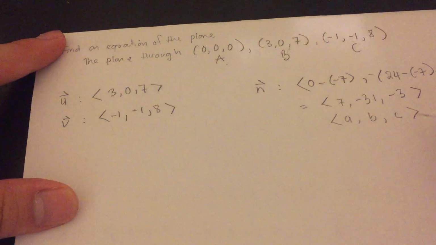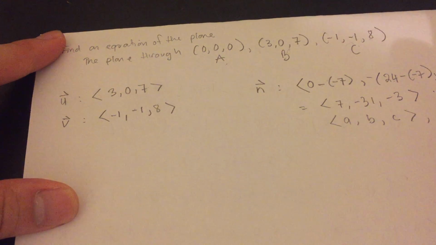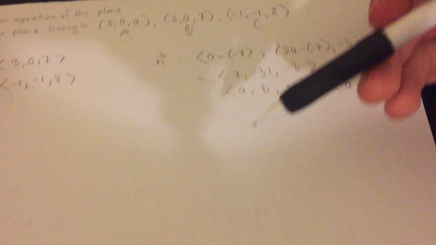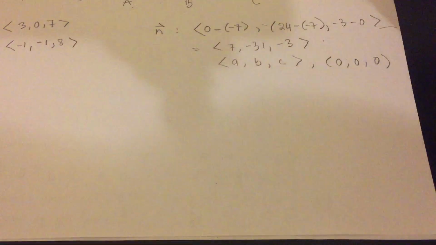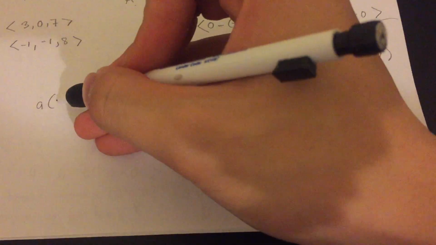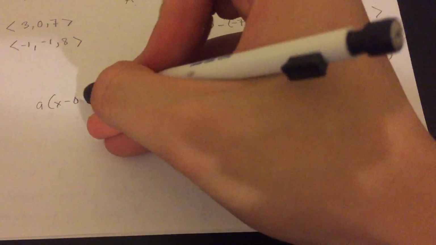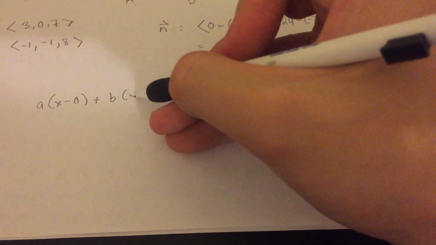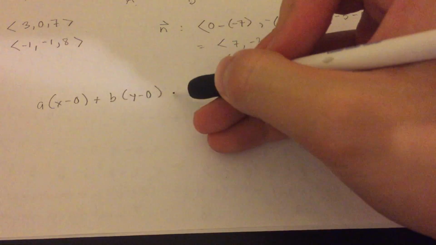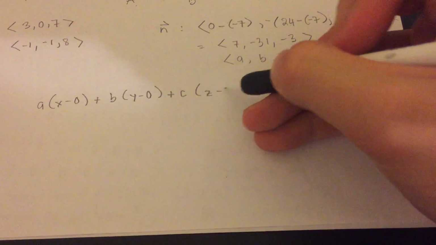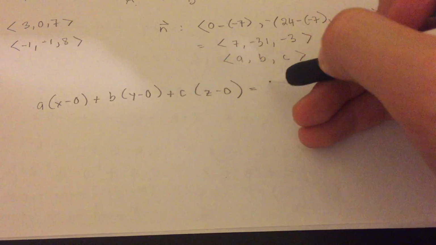I'll call that point 0, 0, 0 right here, point A. So I'll plug that into the equation: A multiplied by the x component, x minus 0, plus B, y minus 0, plus C, z minus 0, everything equal to 0.